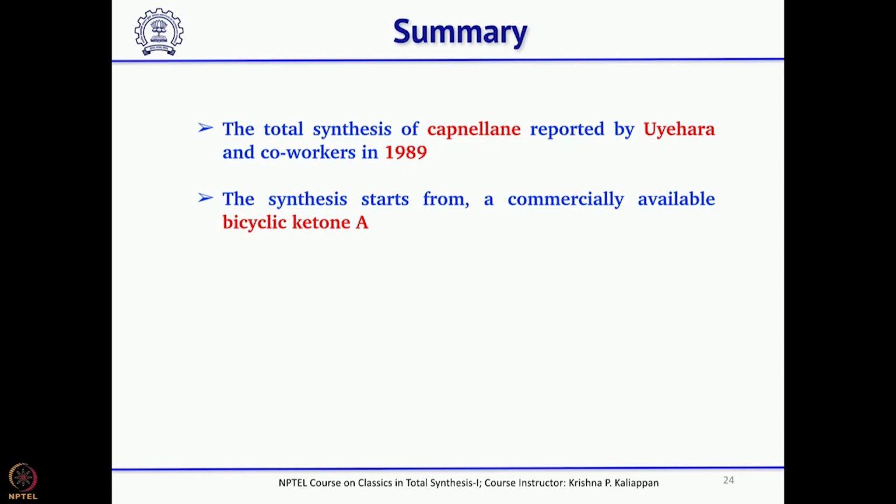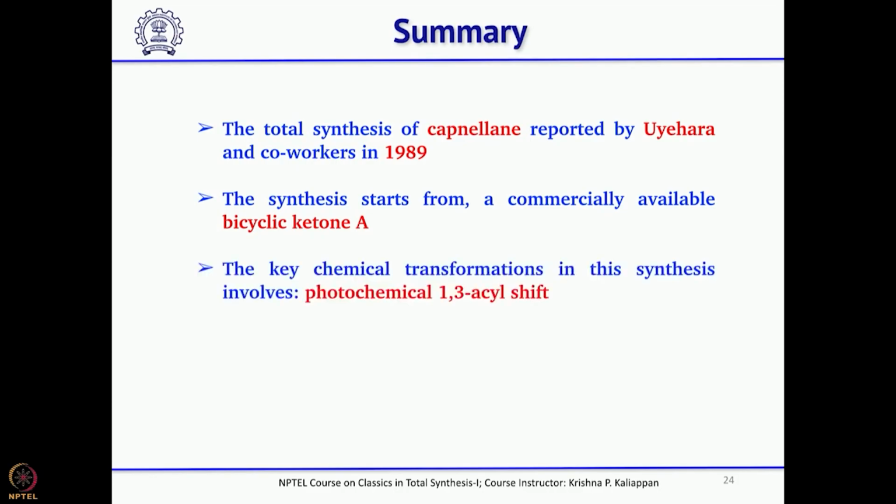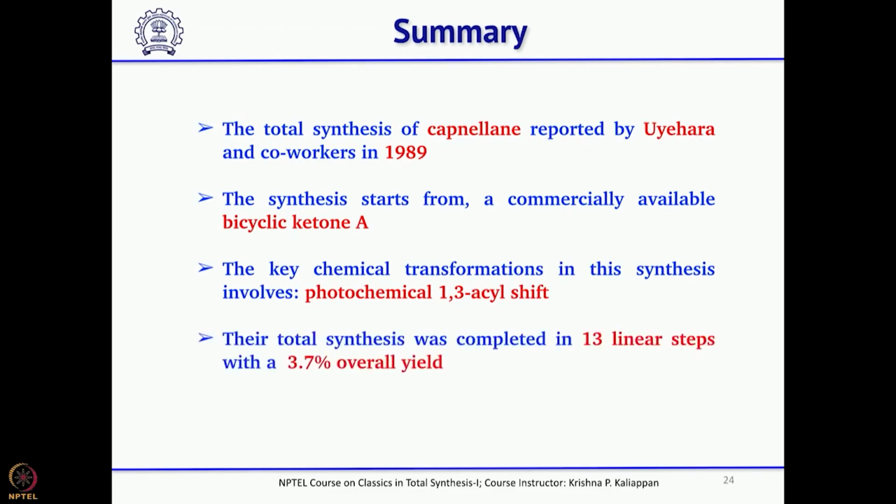Then the key reaction, that is the 1,3 acyl shift, was done under photochemical conditions to get a 5-member ring and a 6-member ring, and later they did functional group transformations to achieve successfully the total synthesis of capnellene. Overall they took about 13 longest linear steps. However, the overall yield is quite good, about 3.7%.